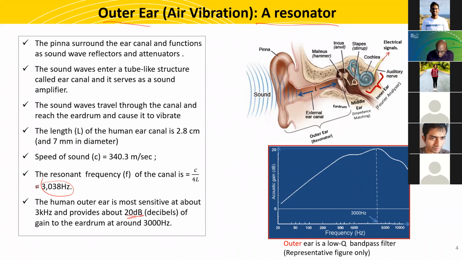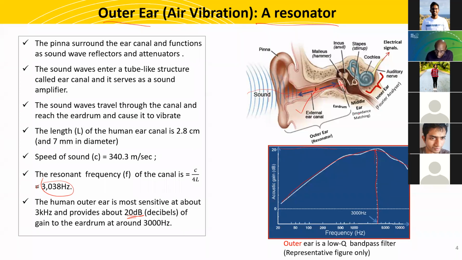It's a kind of resonant tube, a broad bandpass filter at about 3 kilohertz. It gives you about 20 dB amplification. That's all it does externally, but it makes sure it directs the sound through to the eardrum. And the eardrum vibrates. The vibration here is translated by the eardrum as well.